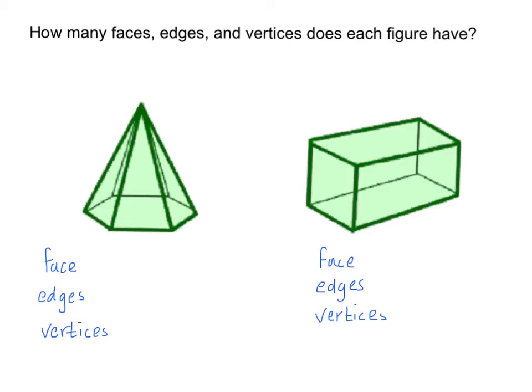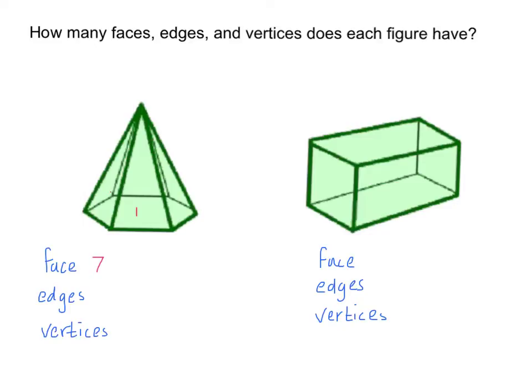So let's look at these two solid figures and determine how many faces, edges, and vertices each one has. If we look at the first figure, and I'm going to look at the bottom of the shape first, I have one face on the bottom, and this is a six-sided figure for that base, which is a hexagon. So that tells me that there are going to be 6 sides on this pyramid. So if I have one on the bottom and then the 6 sides going around it, that's going to give me 7 faces.